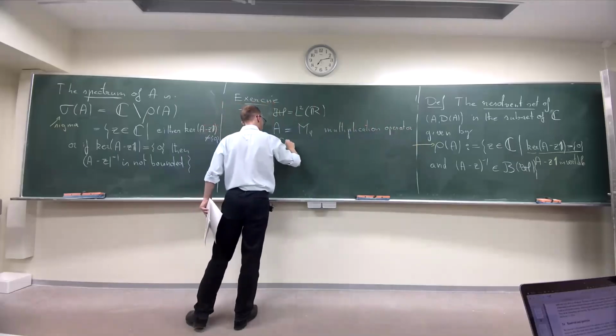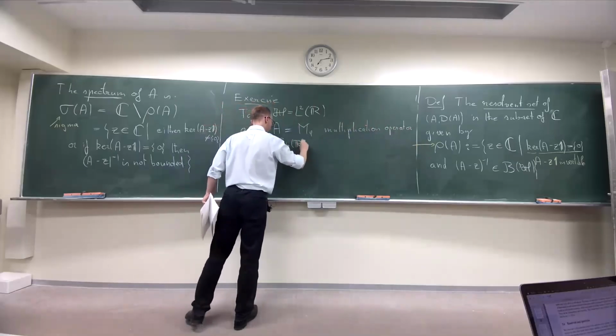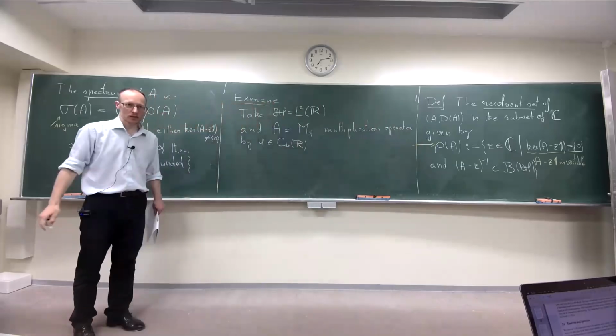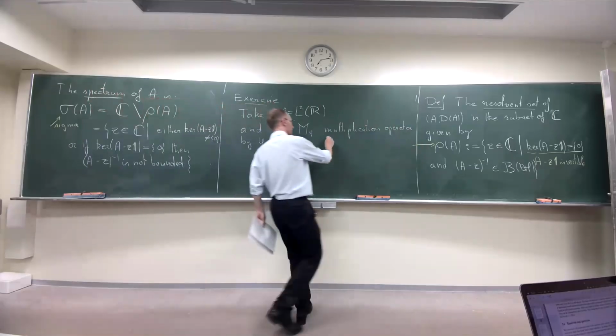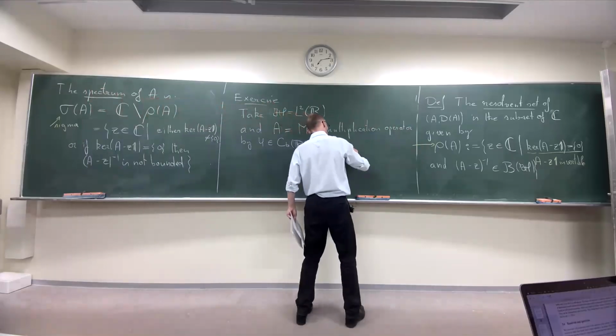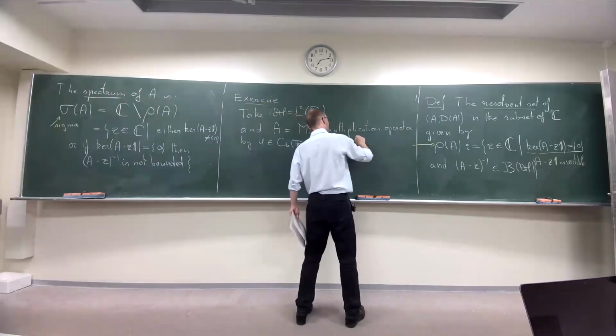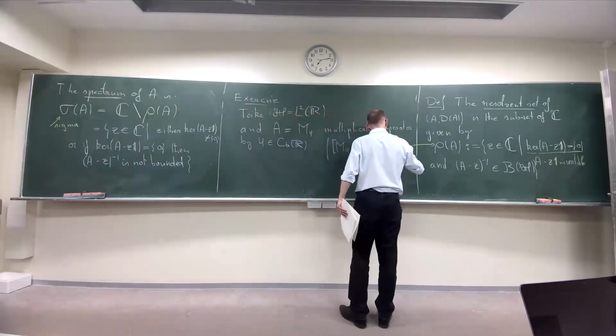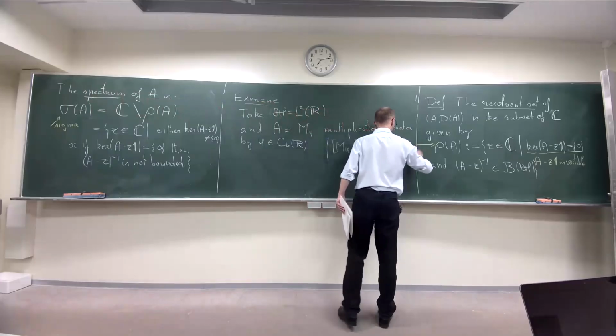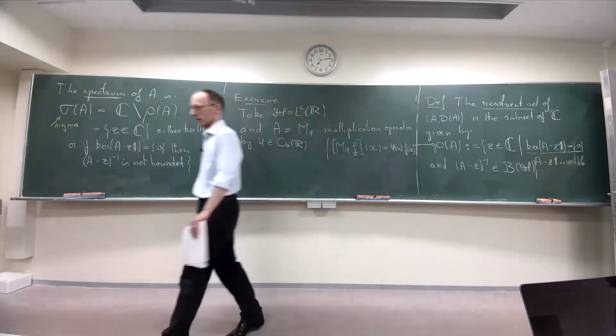Let's take a bounded and continuous function on R. You know this notation means continuous and bounded. So I just rewrite it for you, M phi on f evaluated at x is phi of x times f of x. This is a definition of a multiplication operator.